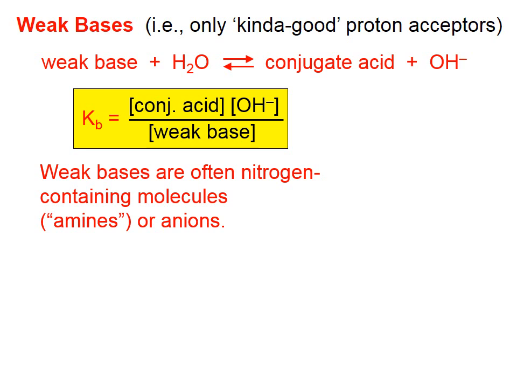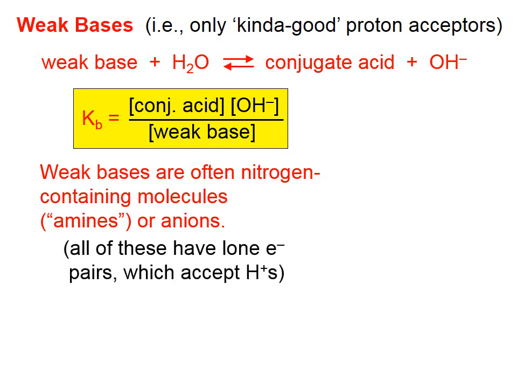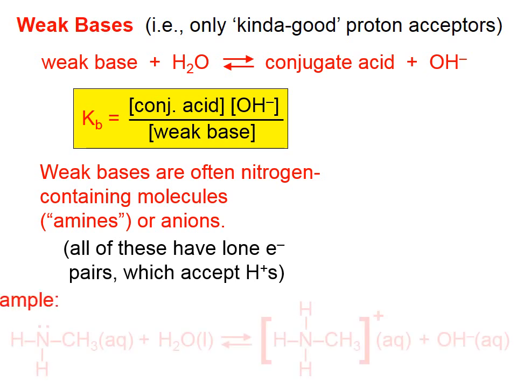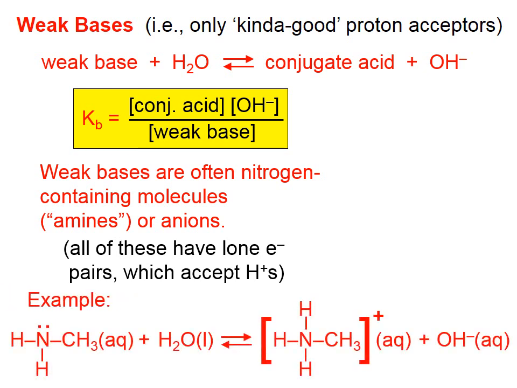Typically, weak bases are nitrogen-containing molecules, which sometimes we call amines, or they're also anions. All of these have lone electron pairs which accept protons. And here's an example. We have here on the left a weak base.